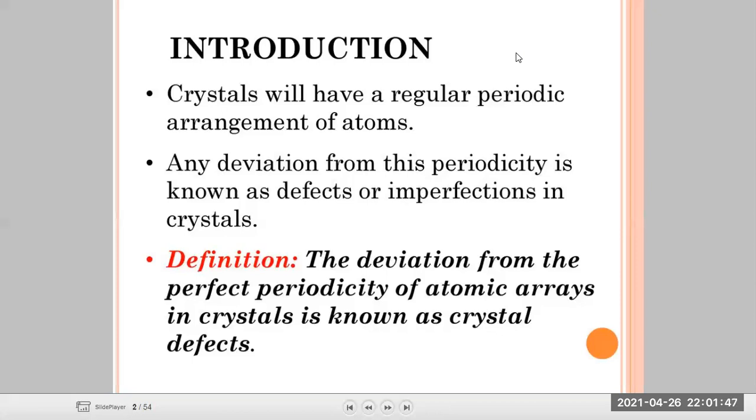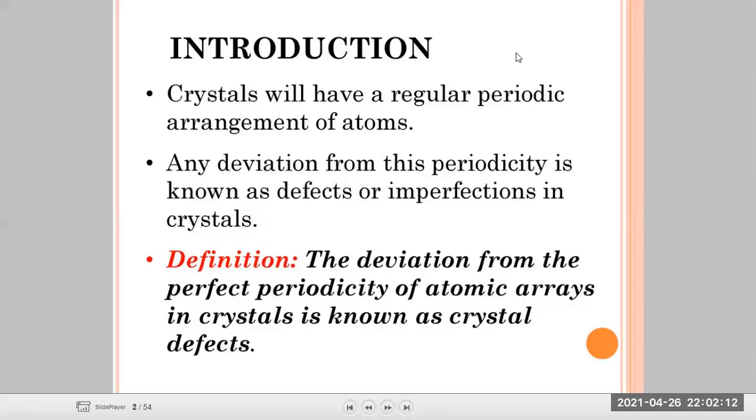Since the crystal itself is a three-dimensional object, we studied some important parameters regarding this three-dimensional object in two dimensions. In order to look at this three-dimensional object in two dimensions, we assumed lattice points.